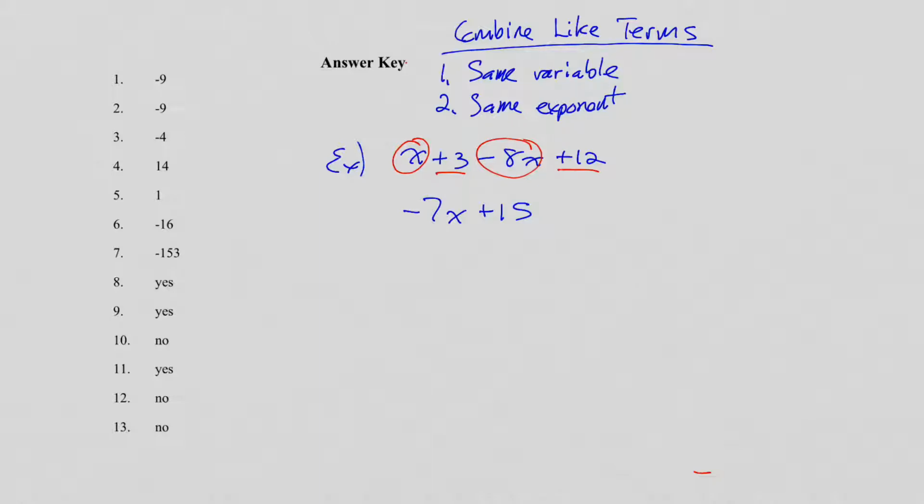So we've made this expression simpler by going from 4 terms to 2 terms. And that's definitely something you want to do if this is an equation and you're trying to solve it. All right, you make it simpler by combining like terms. Another way you can do this, if you don't want to mark it up like I just did, you can also group them together, if that helps.